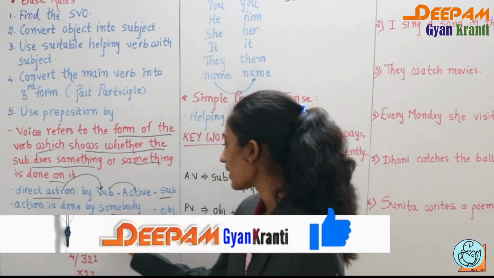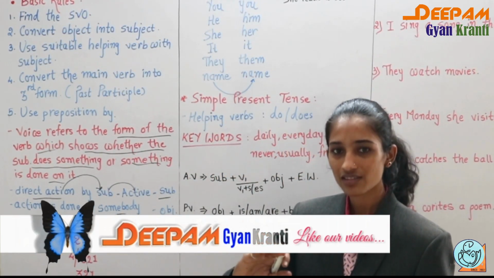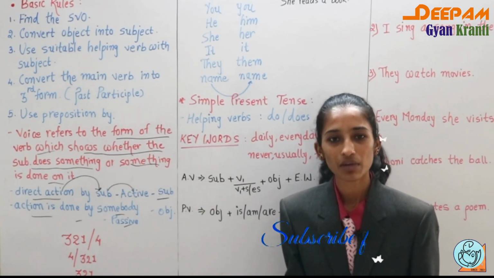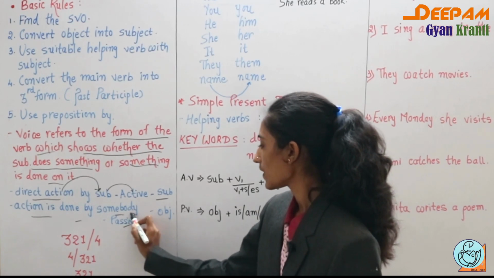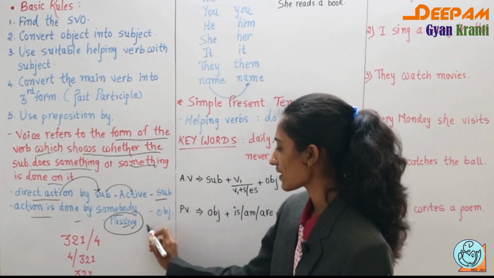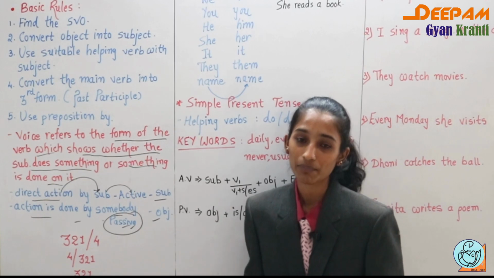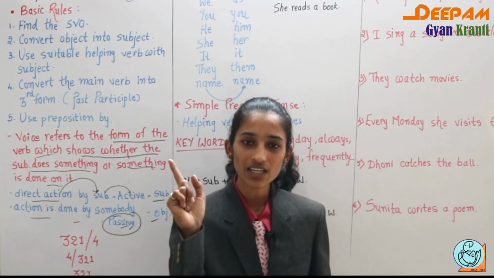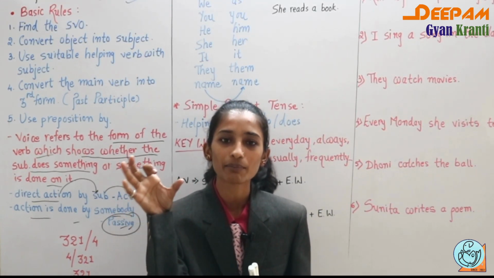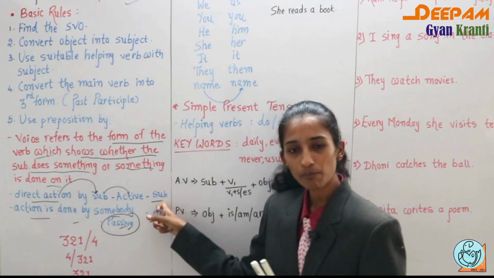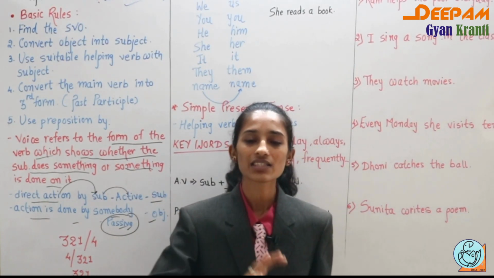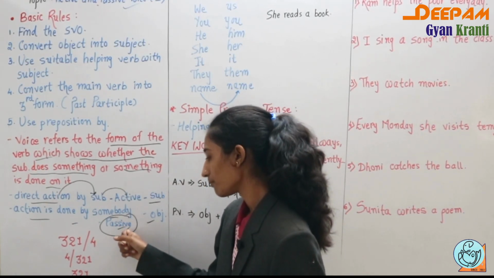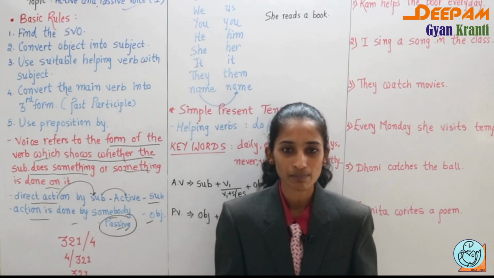If the action is done by somebody or something else, we call it passive voice, and in passive voice the object plays an important role. As far as active voice is concerned, active means direct, so the subject plays an important role. As far as passive voice is concerned, it means an indirect thing, and the object plays an important role.